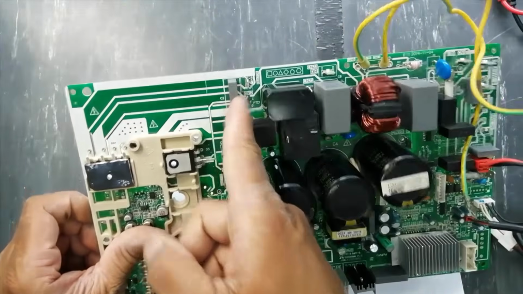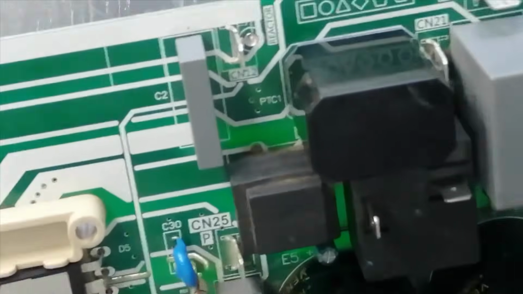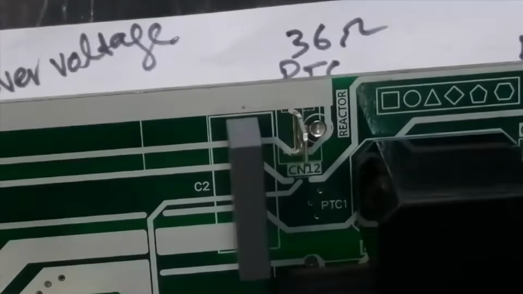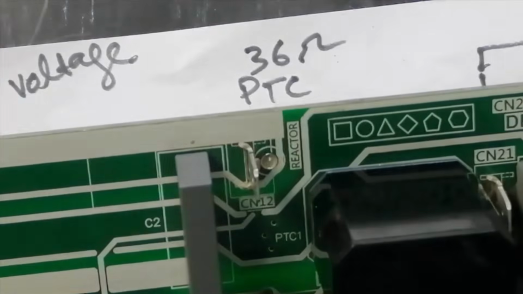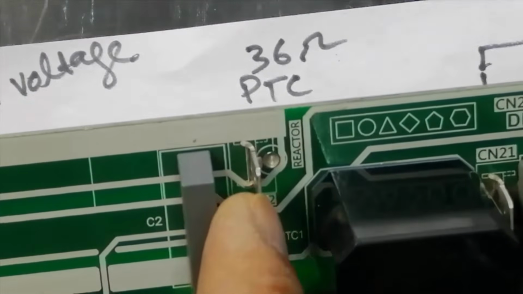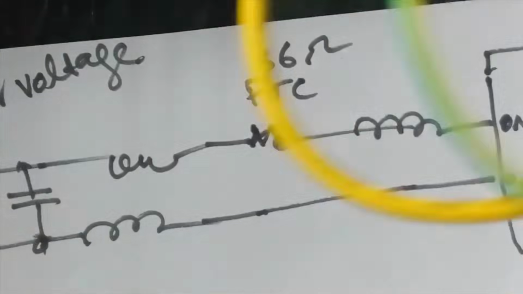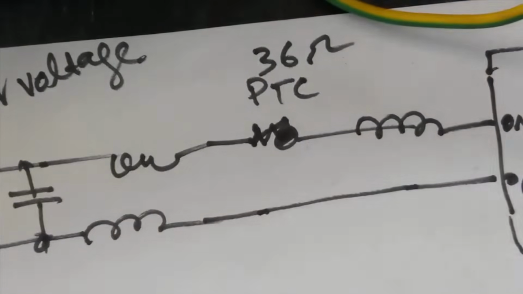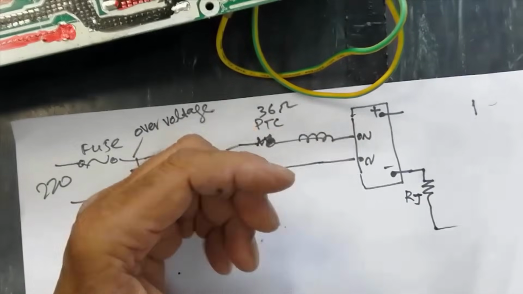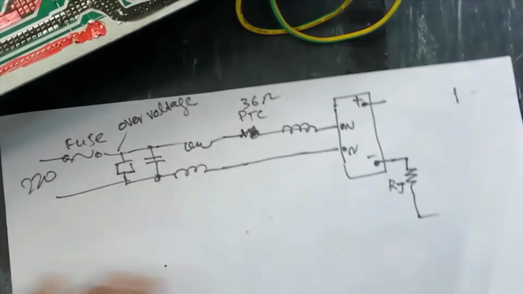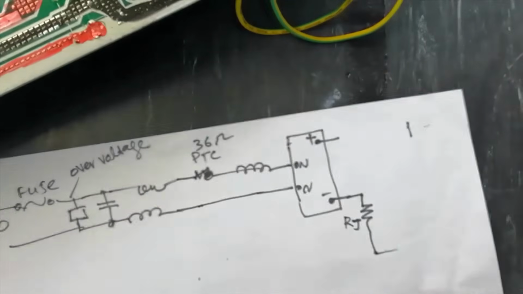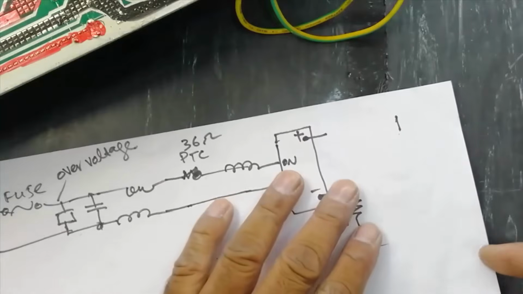Here is written reactor. What is a reactor? A reactor is a piece of coil. It is transformer shaped. It is rated about 16 ampere. The wire can take that.